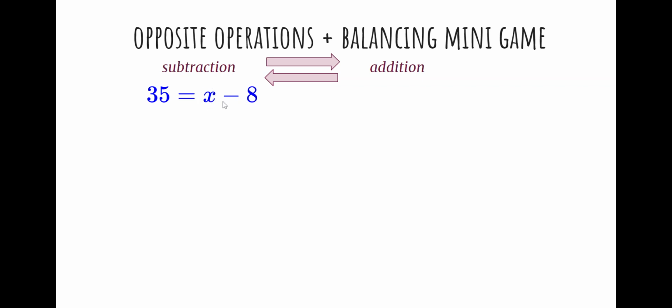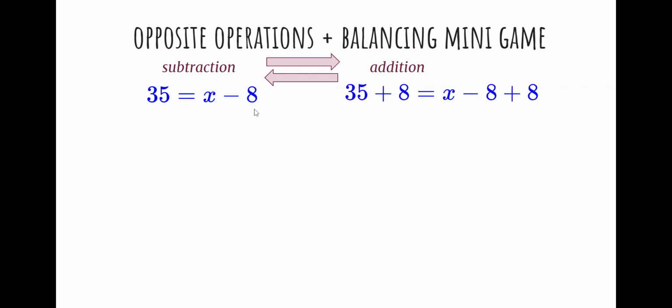For me to cancel this subtraction by 8, I would do the opposite, which is addition. And here comes the balance part. Whatever I do on the right side of the equation, I must do on the left side of the equation so my equation stays balanced.